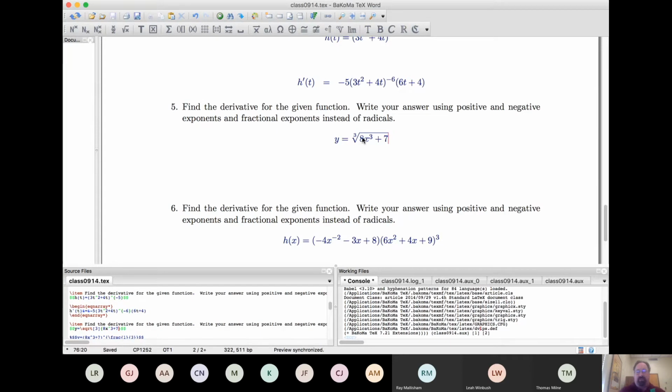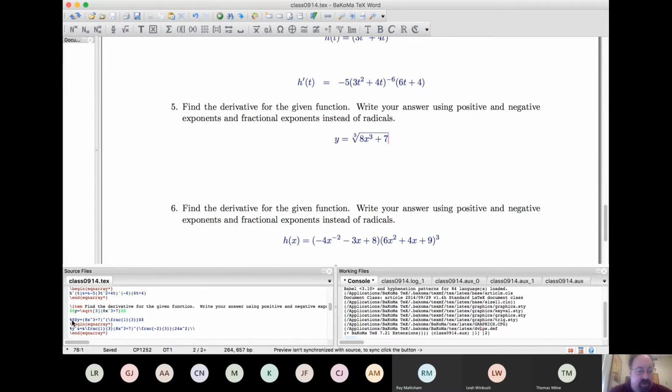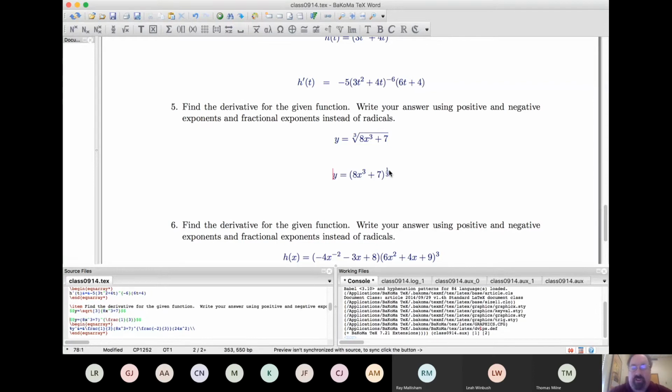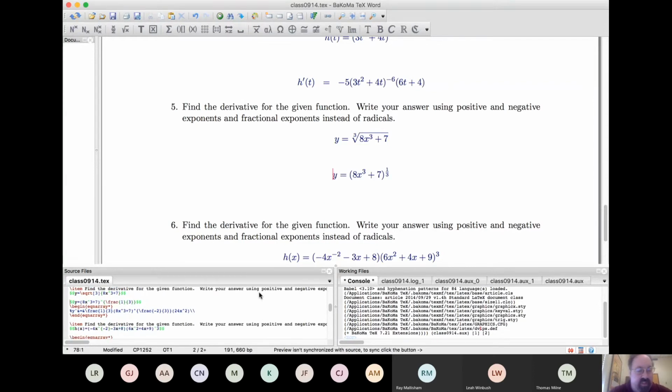So what function is this equivalent to? Yeah, so if we take this 8x cubed plus 7, raise the whole thing to the 1/3 power. So we do that first before taking the derivative.